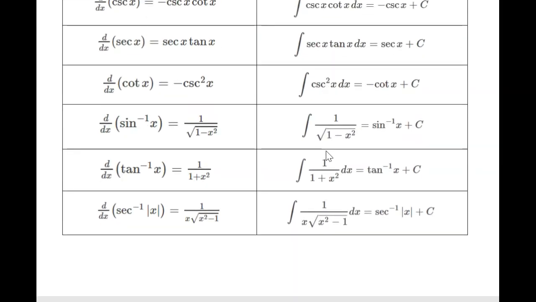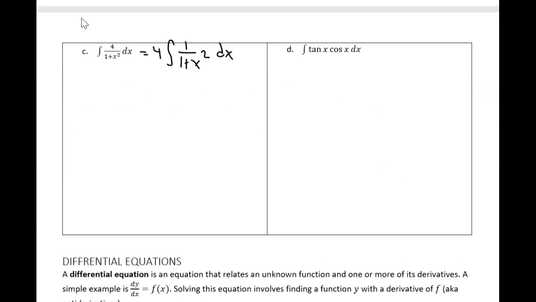So over here, we actually know that the derivative of inverse tangent is 1 over 1 plus x squared. So when I take the integral of 1 over 1 plus x squared, I should get inverse tangent of x plus c. And that's actually exactly what I have right here. So this just becomes 4 times the inverse tangent of x plus c.